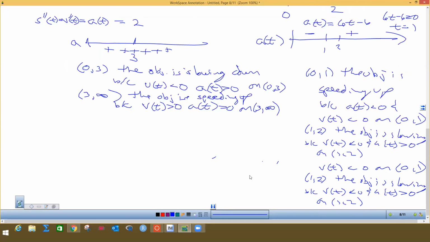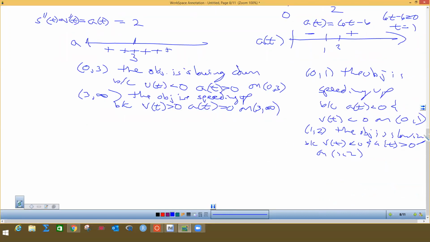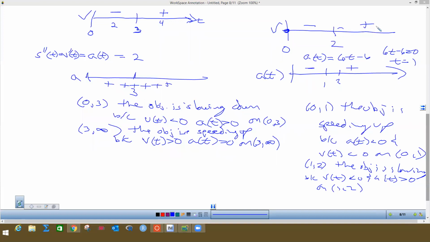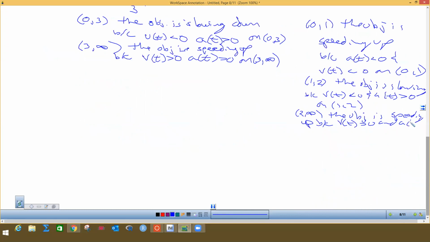And then last but not least, if you look up here, 2 is positive, and up above on the right of 2 is positive. So then we would say from 2 to infinity, the object is speeding up. And that is because v of t is greater than 0, and a of t is greater than 0 on the interval 2 to infinity.